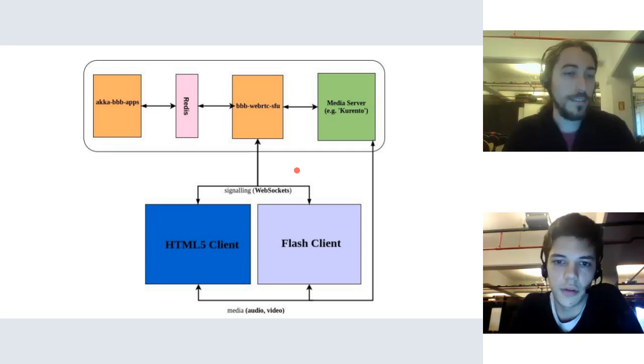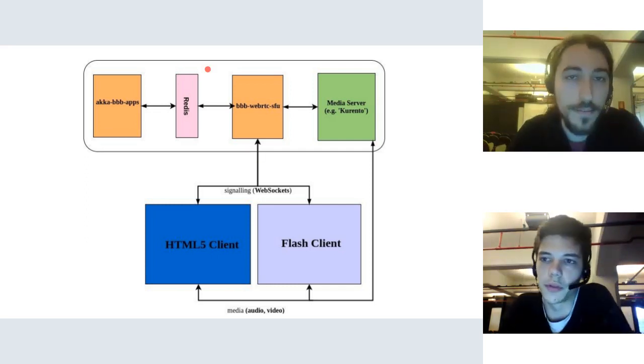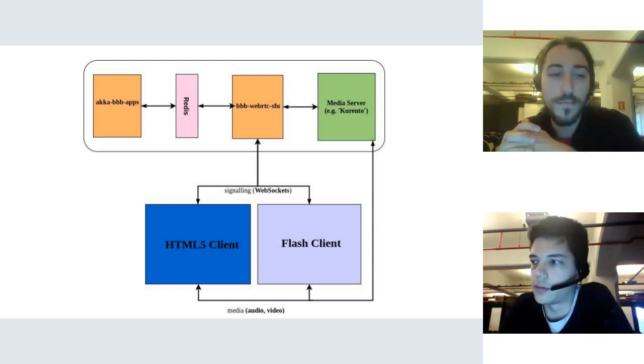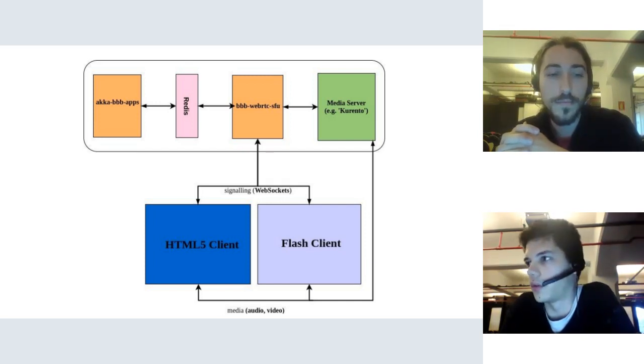Our idea with that new component is to expose a media API that everybody can use, and I hope can extend. So if any developer wants to plug in a new media server or anything, it should be easier and extensible.